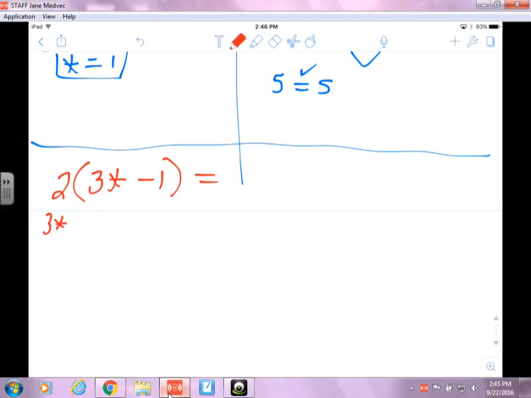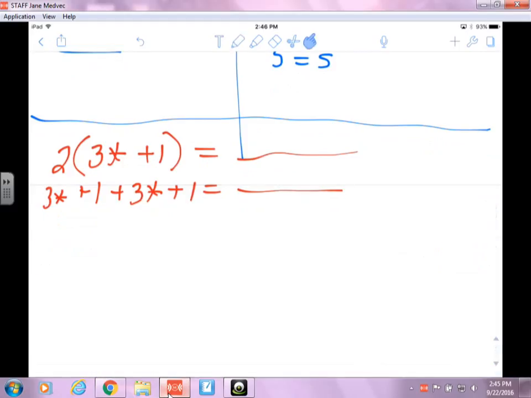So 3 star minus 1 plus 3 star minus 1 equals whatever the equation is. Okay? So write that down, then combine like terms. So this would be, I'm going to change it to plus, makes it a little easier. This would end up being how many stars? Yes, 6. So 6 star plus 2 equals whatever.